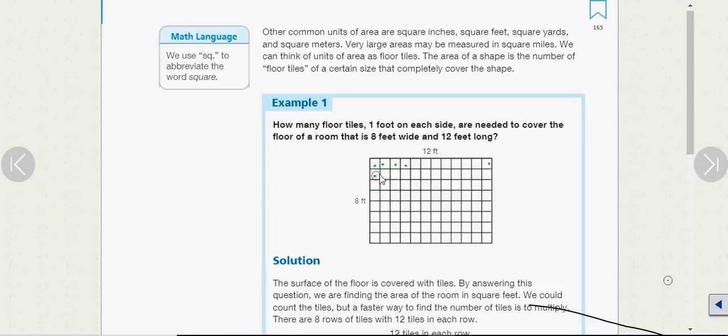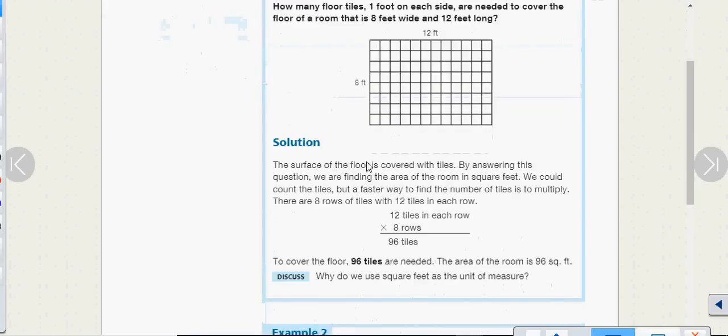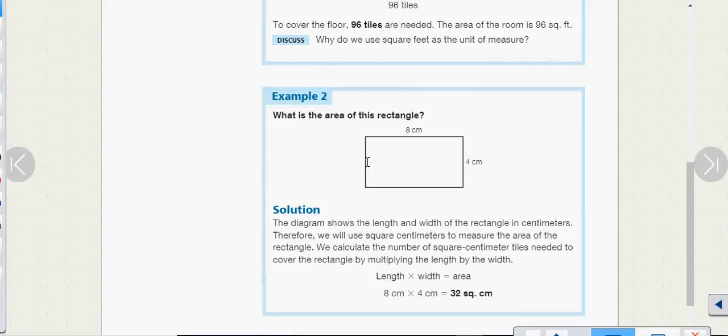If I wanted to count up all of these, I would end up with 12 times 8. 12 times 8 comes to 96. There are 96 tiles, square units in here, or in this case, feet. So 96 square feet. Good so far. This one, 8 times 4 square centimeters.